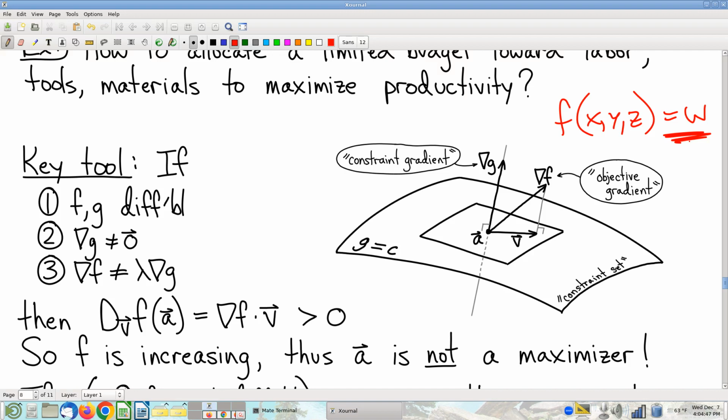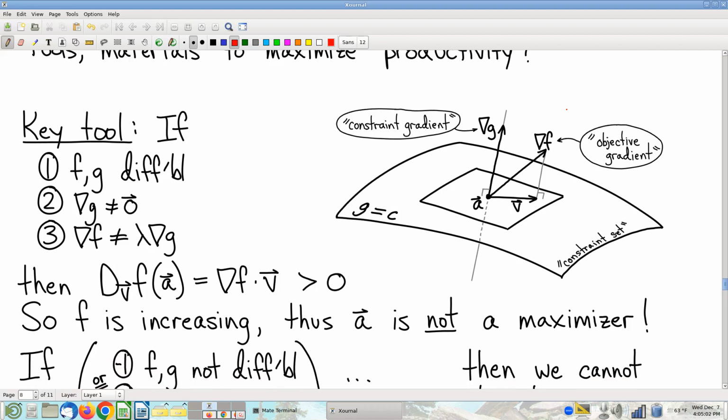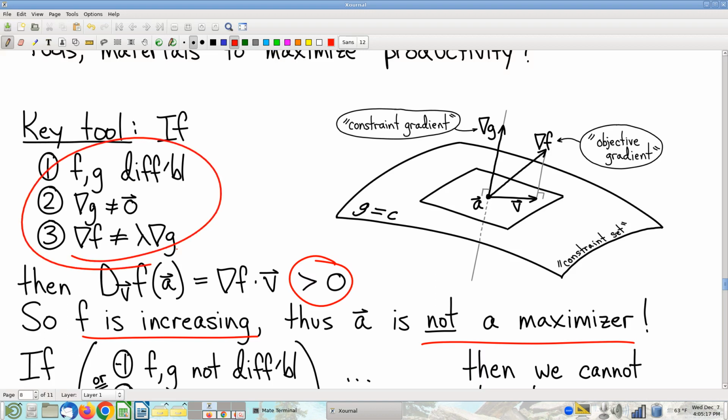Yes. I have a question about the elimination. If there exists a vector V such that the dot product is larger than zero, so we can eliminate the possibility that it's a maximizer. Well, yeah, that's right. But the fact that vector exists is an immediate consequence of what I'm allowed to assume. The gradient of f, I'm assuming that it's not a multiple of the constraint gradient.